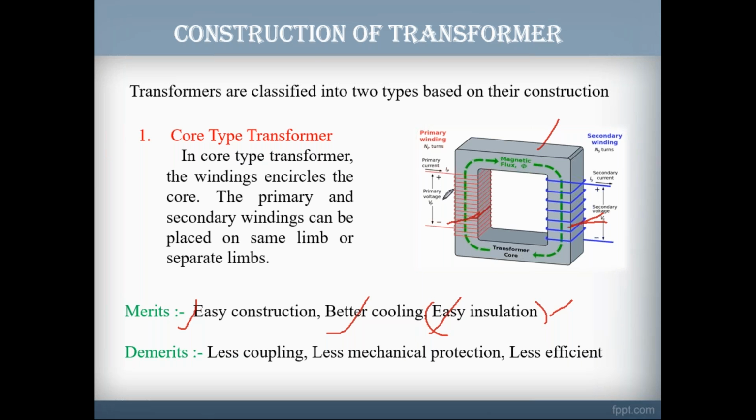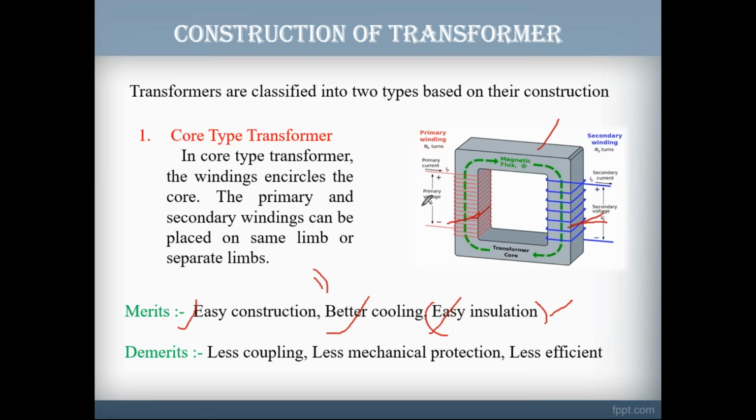Because it needs more windings, and it requires separate windings. If one winding is faulty, we cannot rectify the problem easily. So these are the different drawbacks of the core type. And the first difference is that in core type transformer, the windings are provided on separate limbs, on the outer area of the limbs. Okay, so that is the first difference.